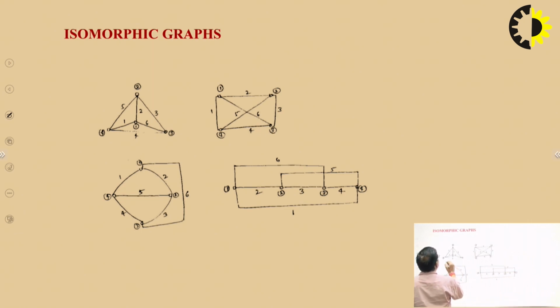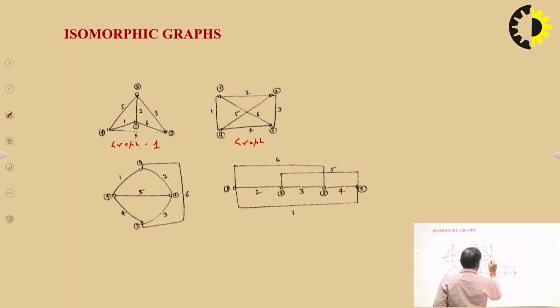This is graph 1, and this is graph 2. Can we say that these two graphs are isomorphic? For that we have to check all the nodes and branches of this.